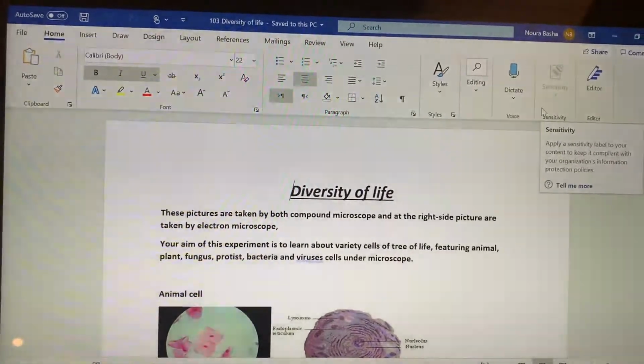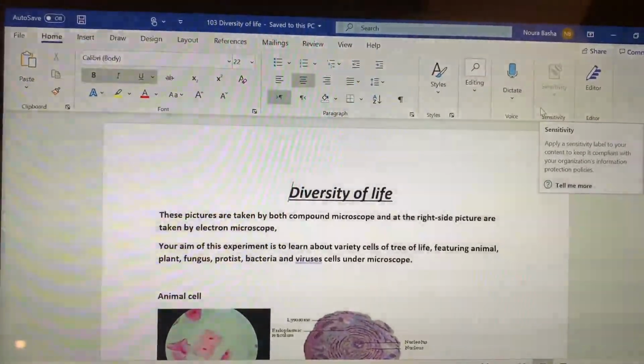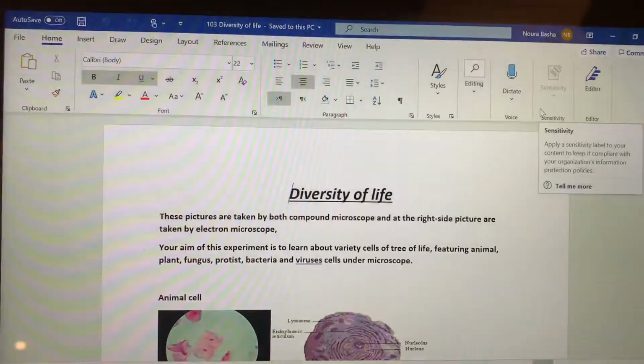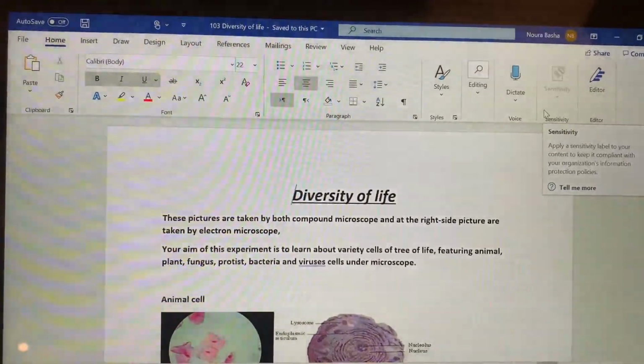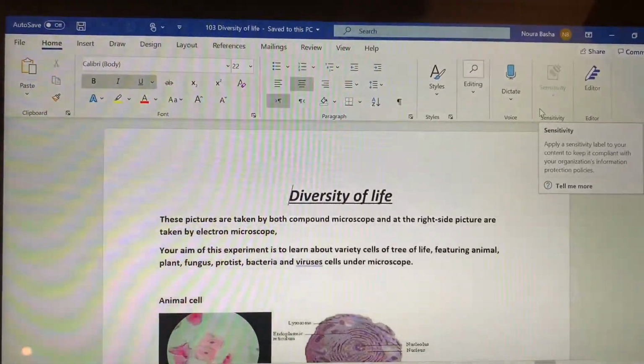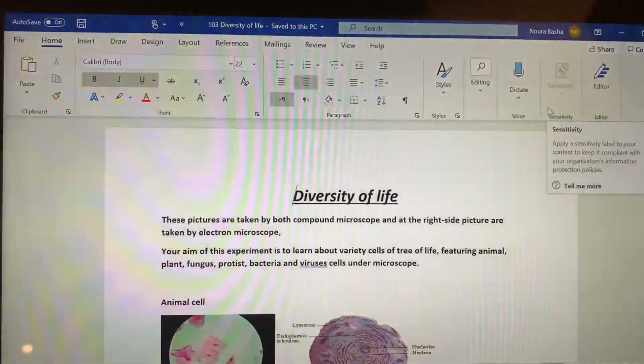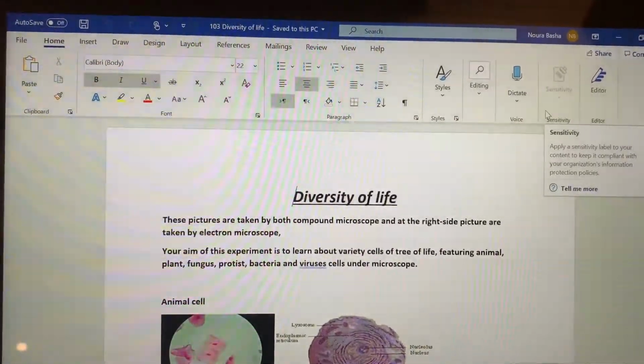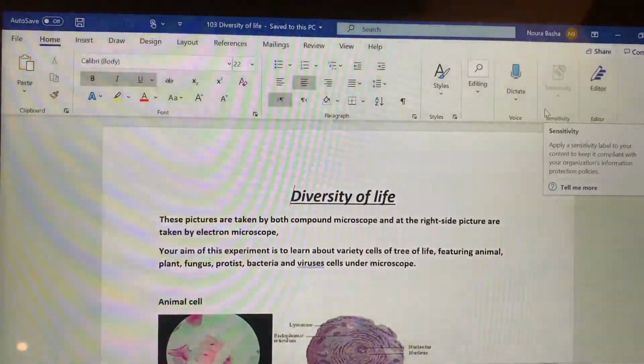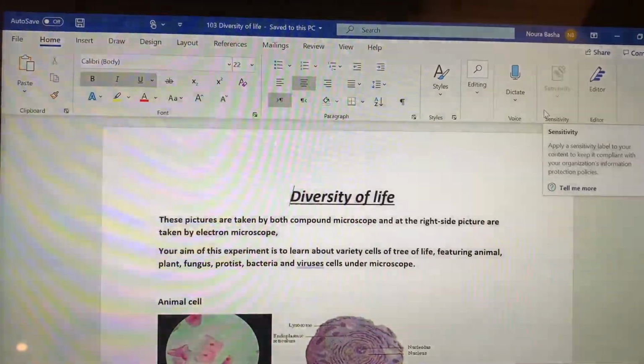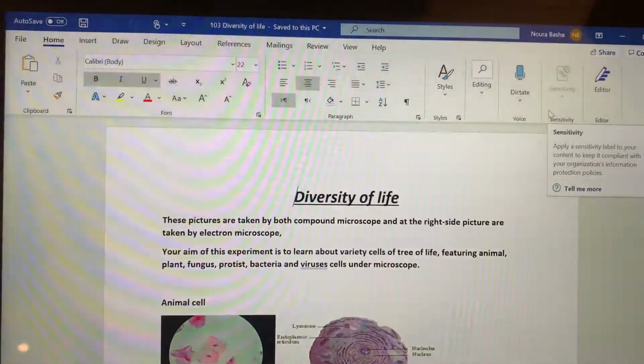of cells. Now I believe that you will be covering a whole chapter about diversity of life, studying different shapes of cells, different life tree cells, let's say.